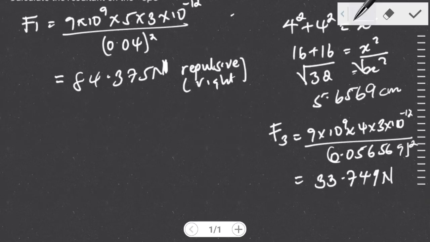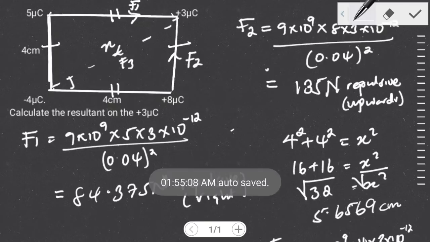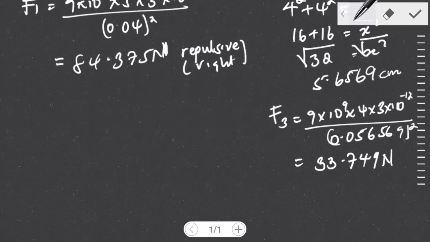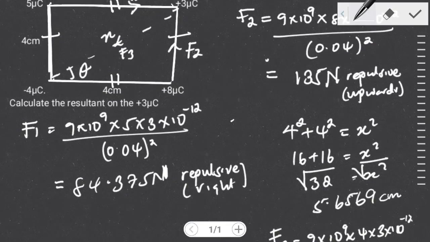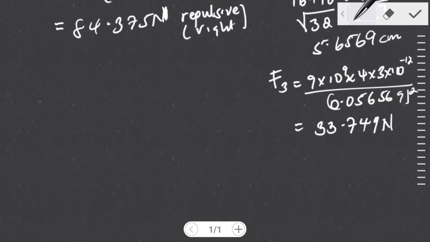Now it is lying in both the y and x axes, and therefore you have to get the angle, this angle here, which is theta. Remember, since I have both the opposite and the adjacent, I would use tan theta equals 4 centimeters all over 4 centimeters.